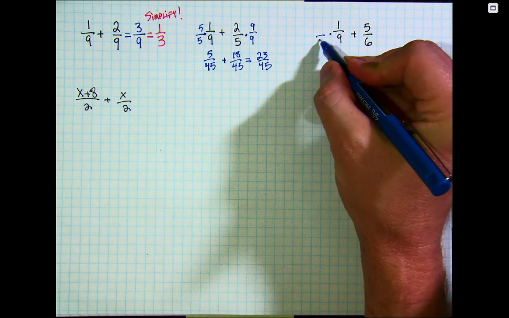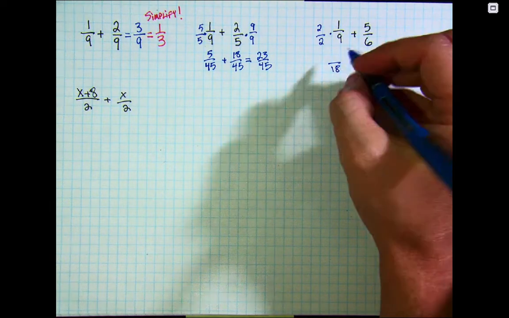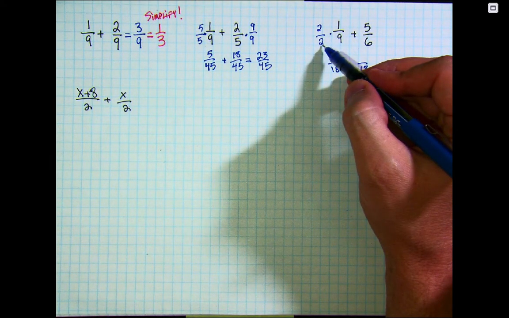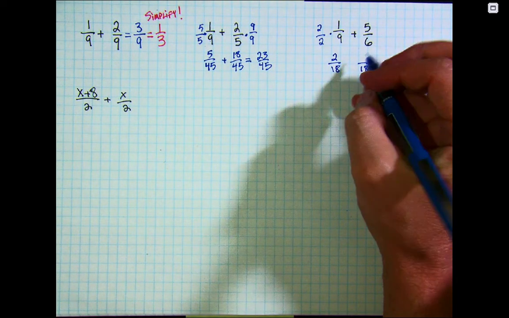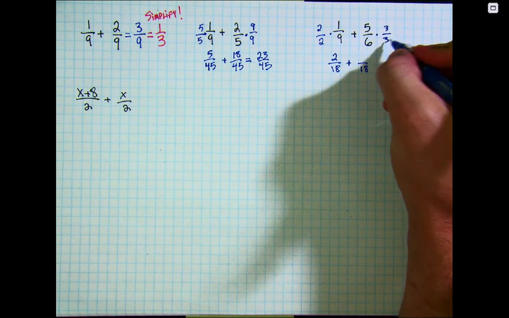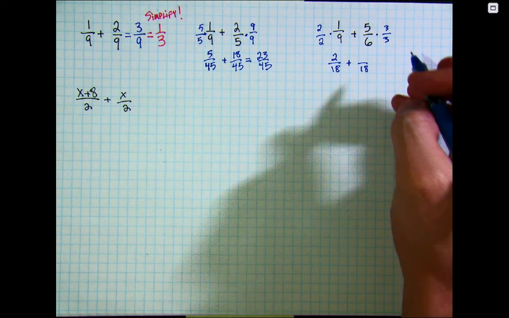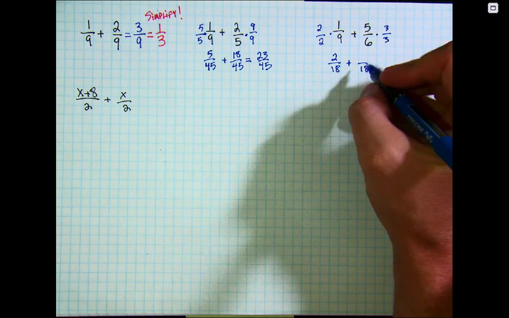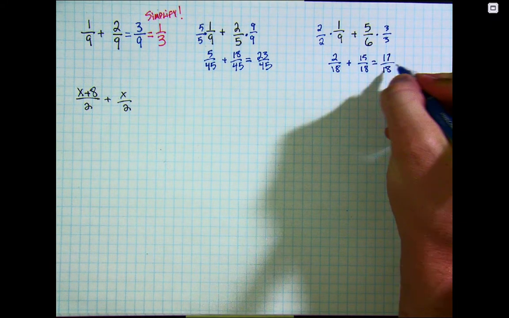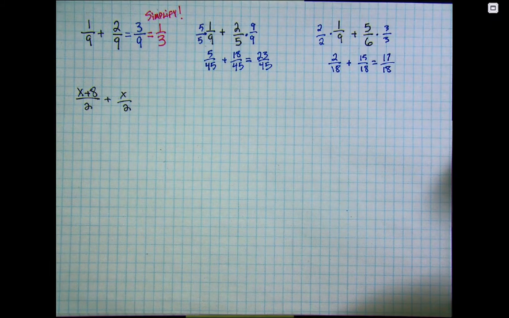I can just multiply by 2 over 2. And that's going to make my life simpler. Now, could I have multiplied by 6 over 6 and 9 over 9? Sure, you could have done that if you wanted to. But it's going to make life easier if we look for those least common multiples. And so now I've got 17/18. And I don't need to simplify or reduce when I do it that way.